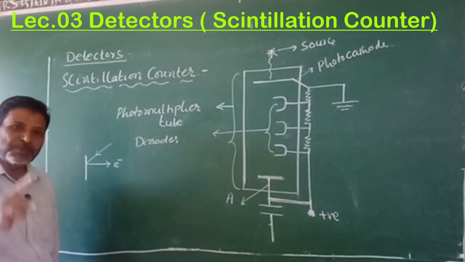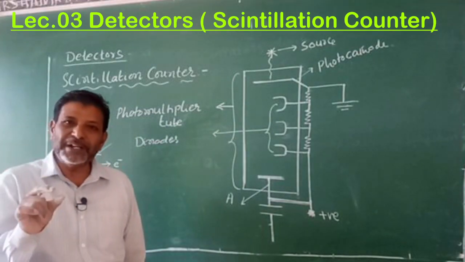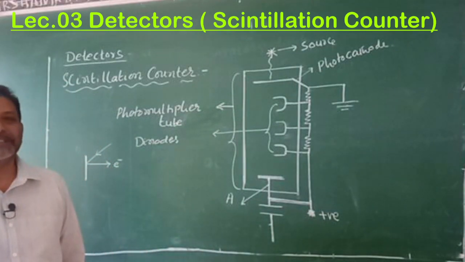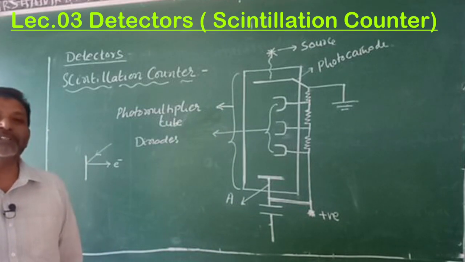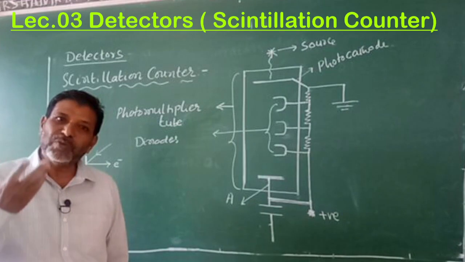That minimum energy required to release the electron from the metal surface is known as the work function.